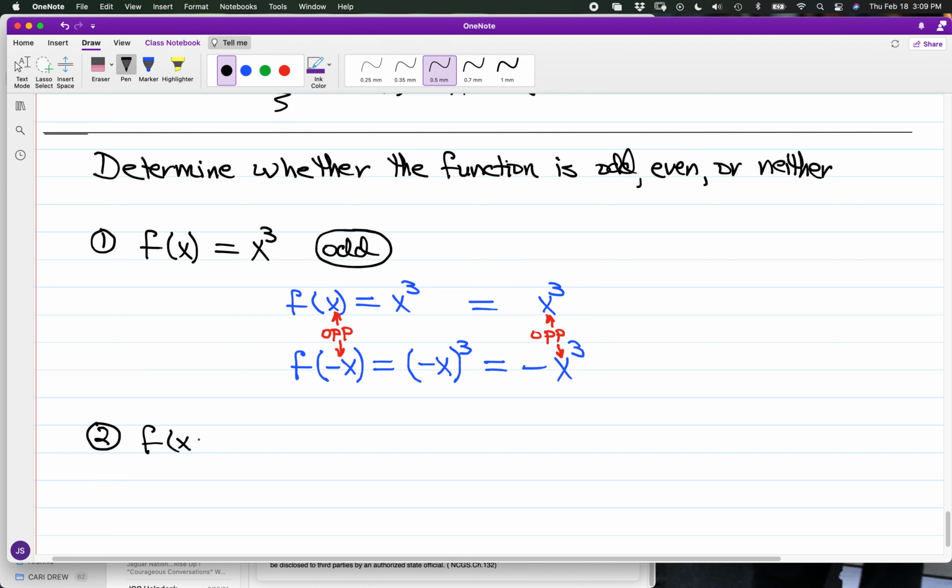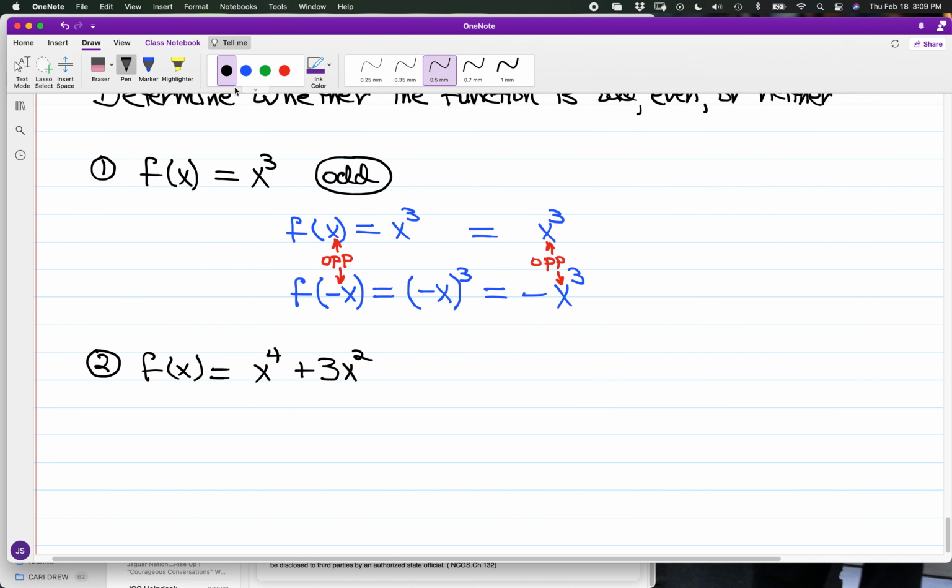And let's say for f of x, I have x to the fourth plus 3x squared.